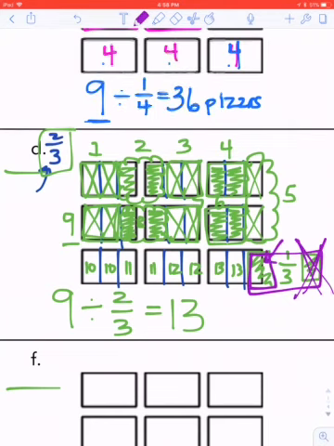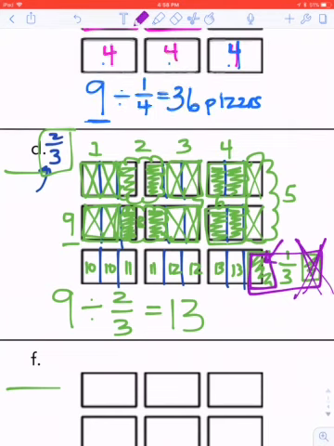Our blocks of cheese. So in this block of cheese, we'd get 1, 2, 3, 4, 5 pizzas. I could keep going, and make each block of cheese into 1/5 sections. This would be 6, 7, 8, 9, 10.